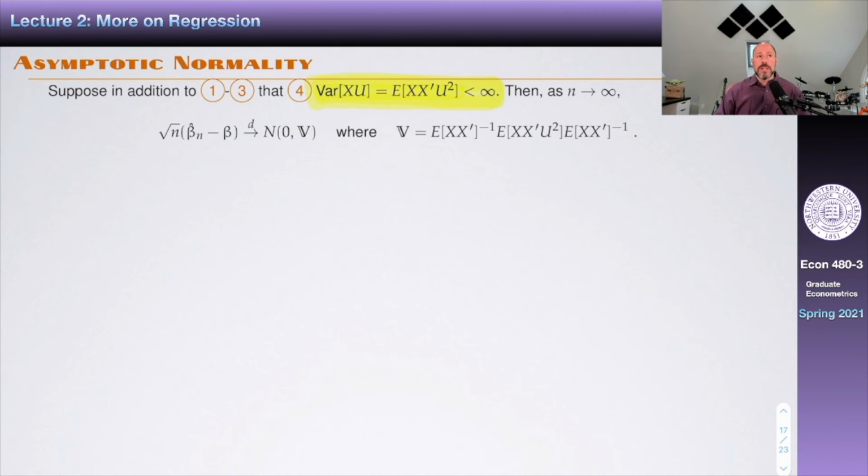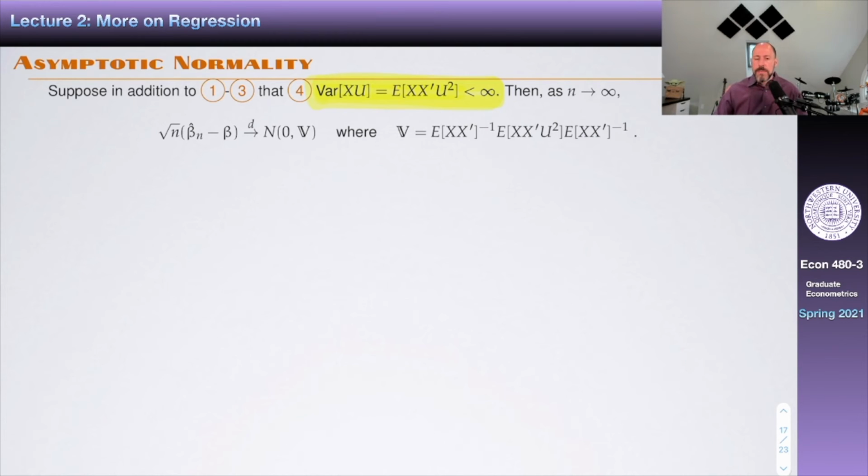And so under these 4 assumptions, we have that square root n (beta hat minus beta) converges in distribution to a normal with mean 0 and variance equal to B, where B is this matrix over here: expected value of x x prime inverse, expected value of x x prime u squared, expected value of x x prime inverse.